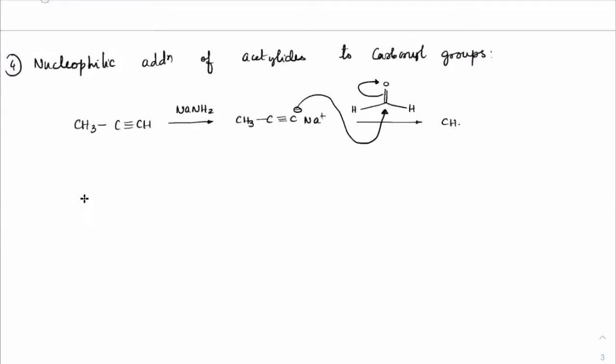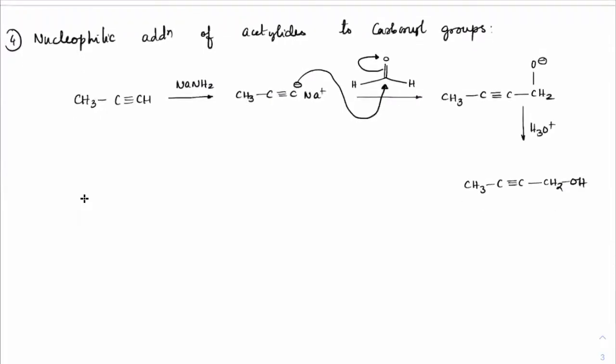The product you will get is CH3, C triple bond C, with this carbon getting O minus charge and H2. And this O minus charge can be hydrolyzed to get CH3, C triple bond C, CH2OH. This is the product formation. So given any compound, you should know what is the product formation in carbonyl compounds. Right, students? I guess that point is clear.